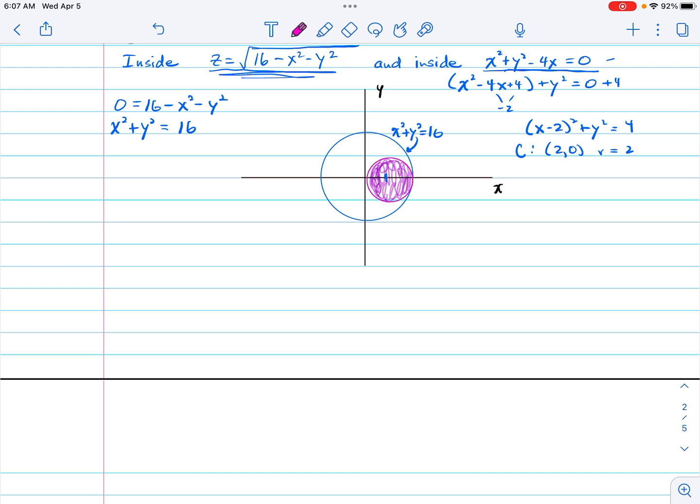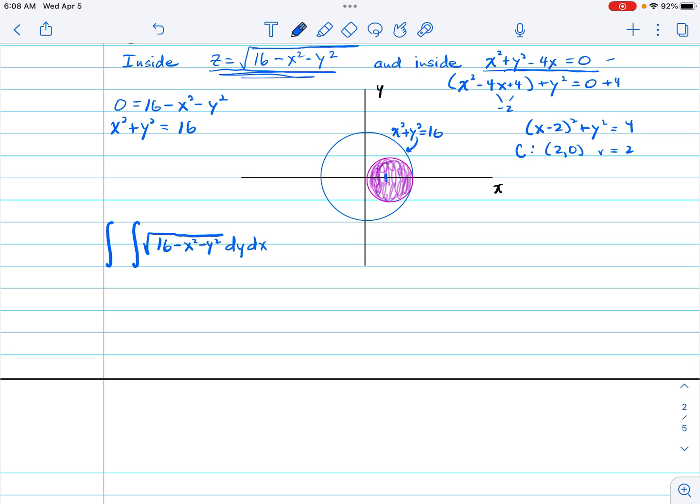We're going to use a double integral. And so let me get that set up. Our height is the z, so it's 16 minus x squared minus y squared. And I have to determine what I am going to integrate with respect to first. I think I'm going to integrate with respect to y first and then x.